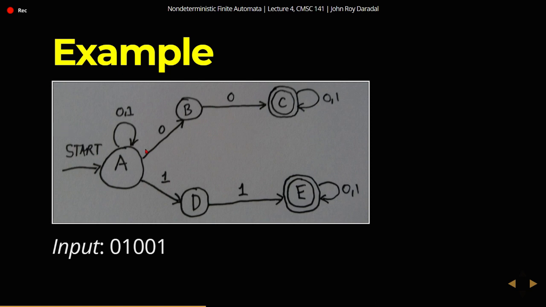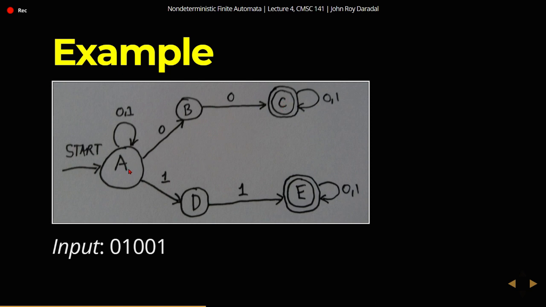Let's see one more example. In this NFA, let's take the input 0, 1, 0, 0, 1. Maybe we could do it like this: 0, 1, 0, 0, but then we get stuck there because there's no transition. So let's try another one: 0, 1, 0, 0, 1. Now we have reached a final state, and so this is accepted.